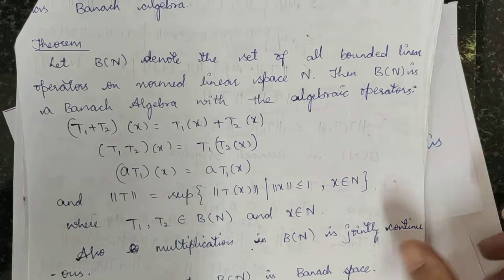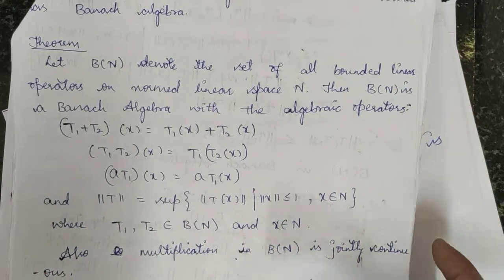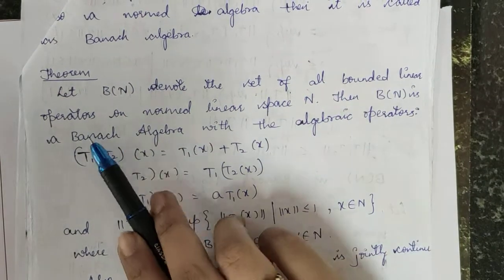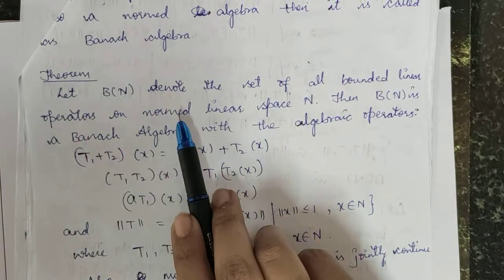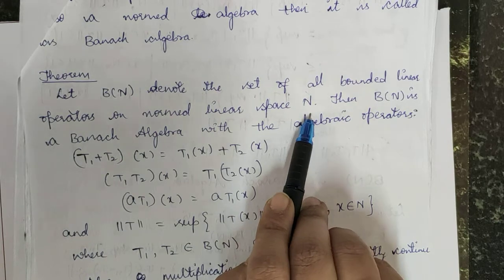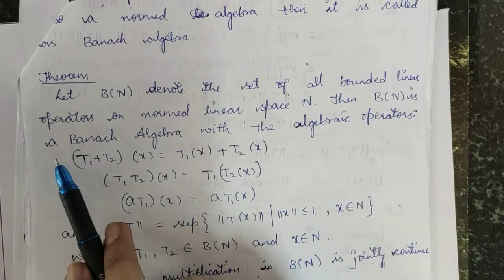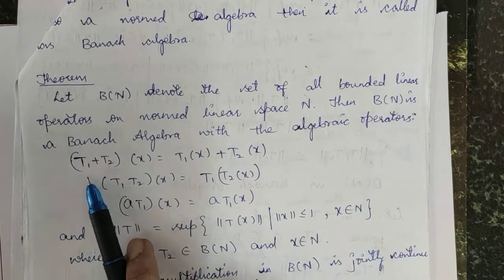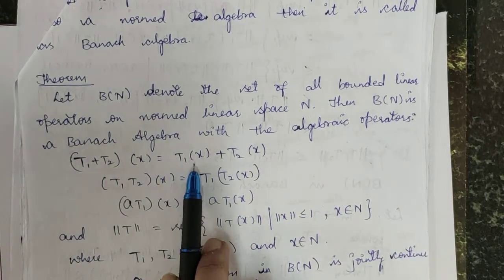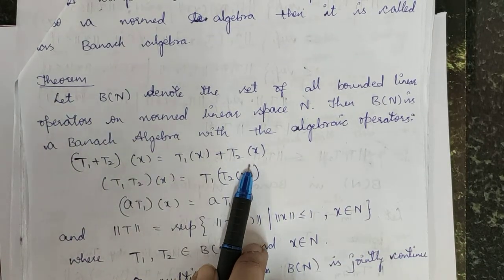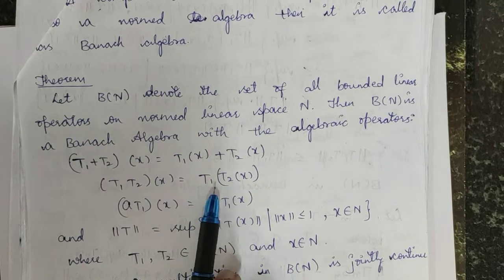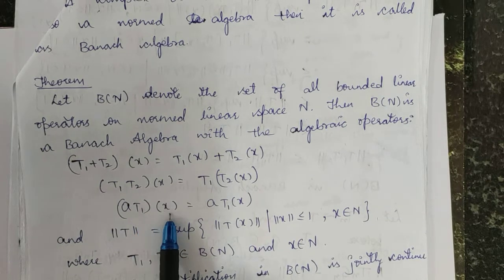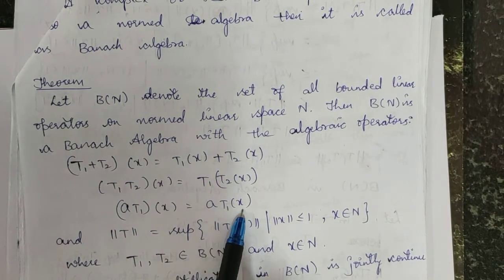The first theorem statement says that B of n denotes the set of all bounded linear operators on a normed linear space n. Then B of n is a Banach algebra with the algebraic operations (T1 plus T2) of x is equal to T1 of x plus T2 of x, T1 T2 of x is equal to T1 of T2 of x, and (a T1) of x is equal to a times T1 of x.